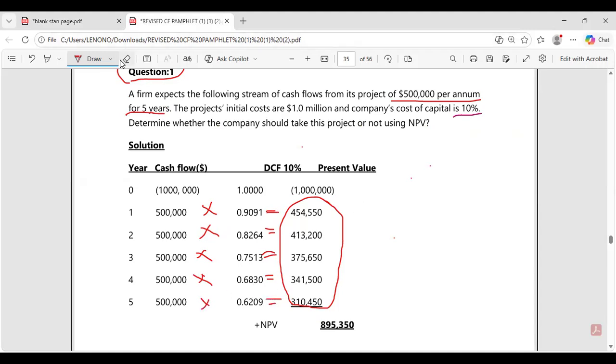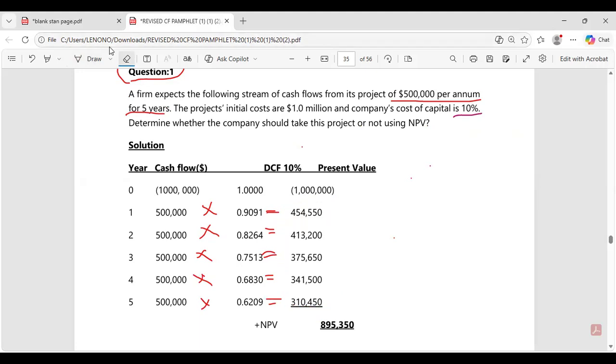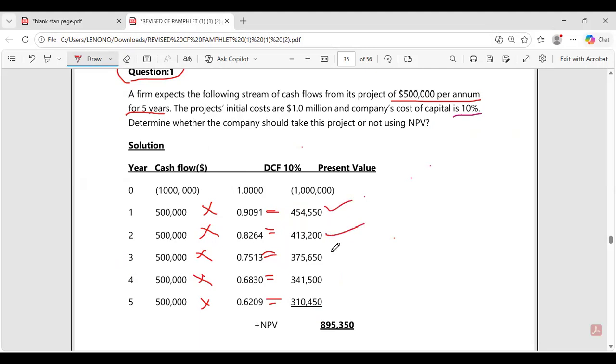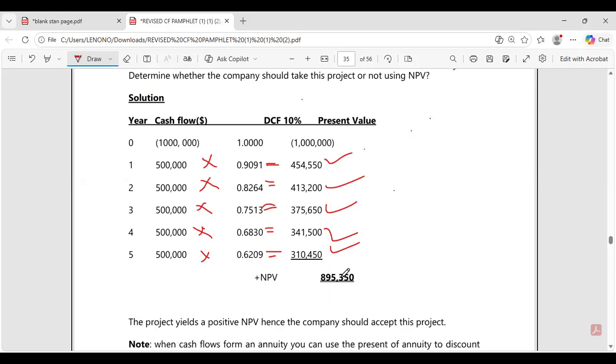So you see now you're getting these values. Add them up manually. Minus how much you invested in the project. How much are you getting? You're getting 895,350. It's a positive NPV. So accept the project because NPV is greater than 0.